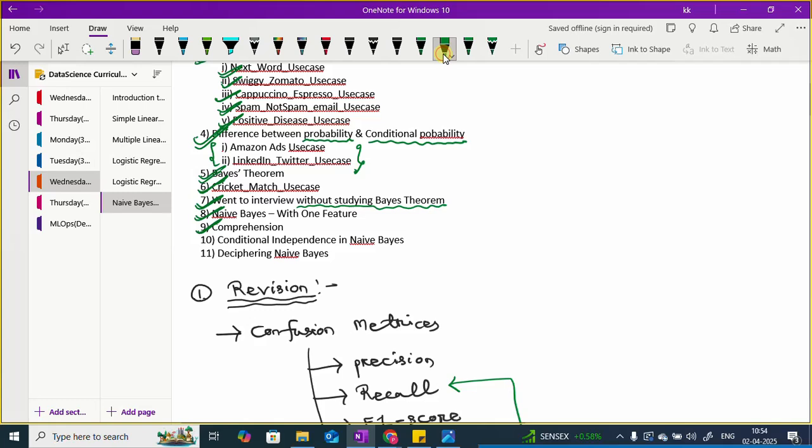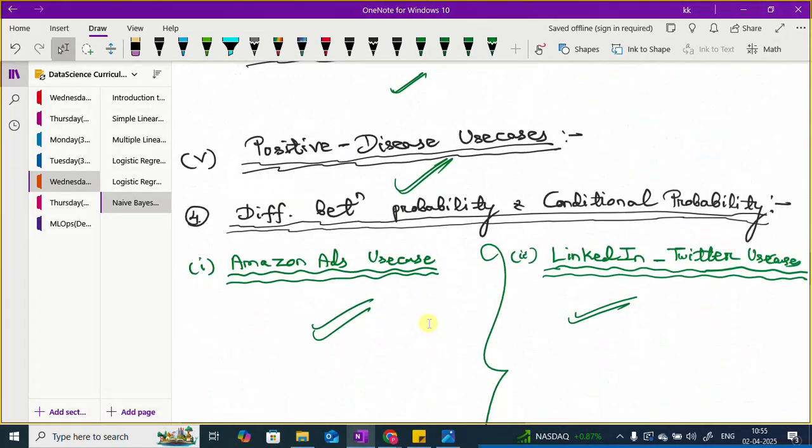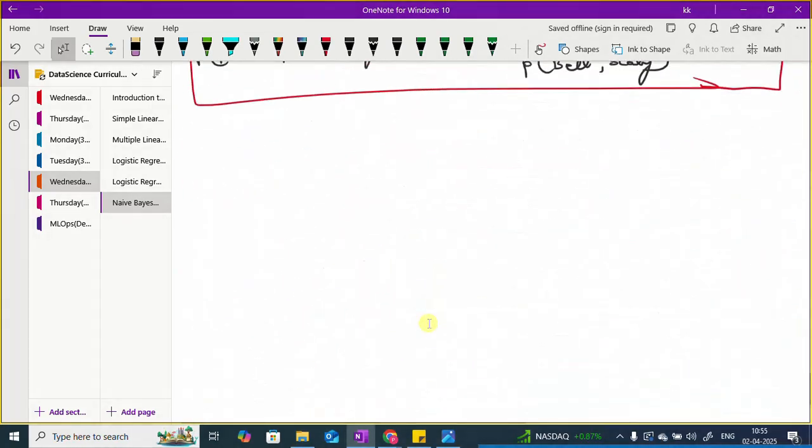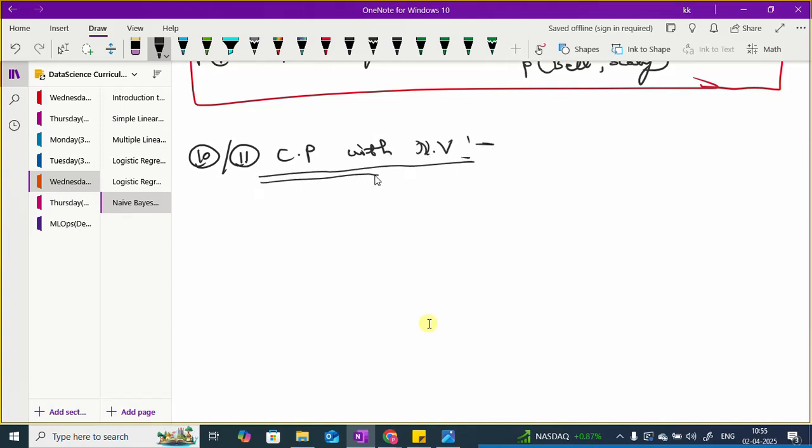The conditional independence in Naive Bayes. This thing we will cover and successfully complete. So, conditional independence in Naive Bayes. Let me go directly and explain.